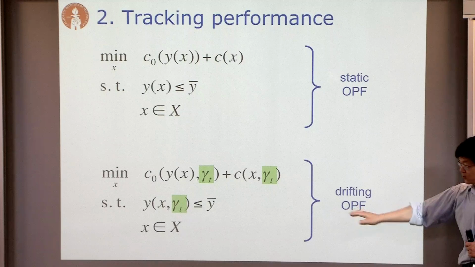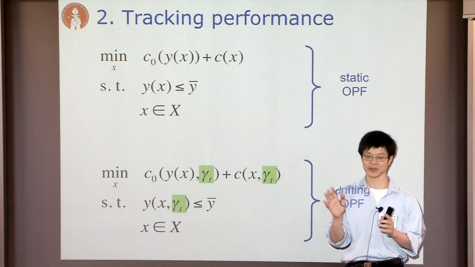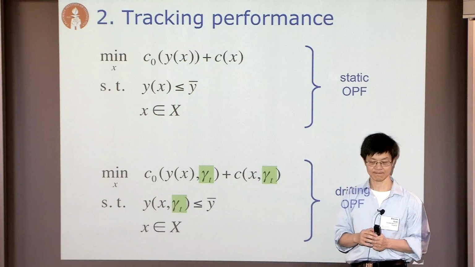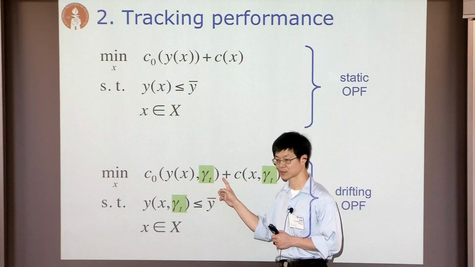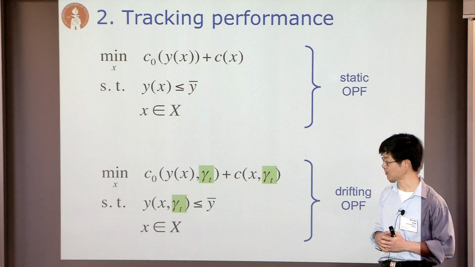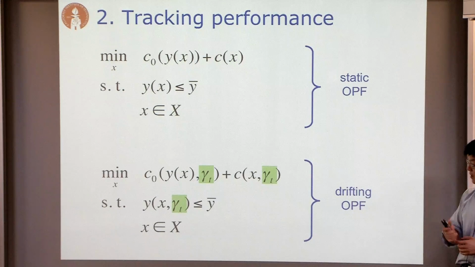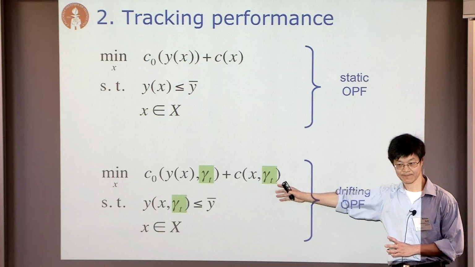But the first motivation is tracking, the following. Suppose the network changes slowly. It doesn't have to be slowly. Suppose the network changes. It's characterized by some parameter gamma that changes over time. So this could be load changes or generation, say renewable generation that changes and so on. And therefore, each time t, you get an OPF.